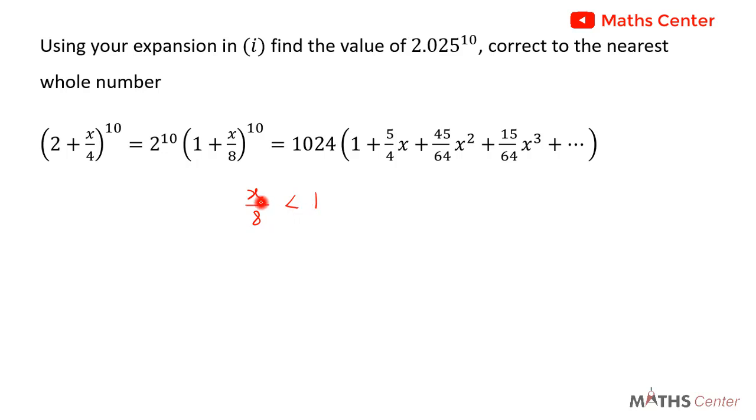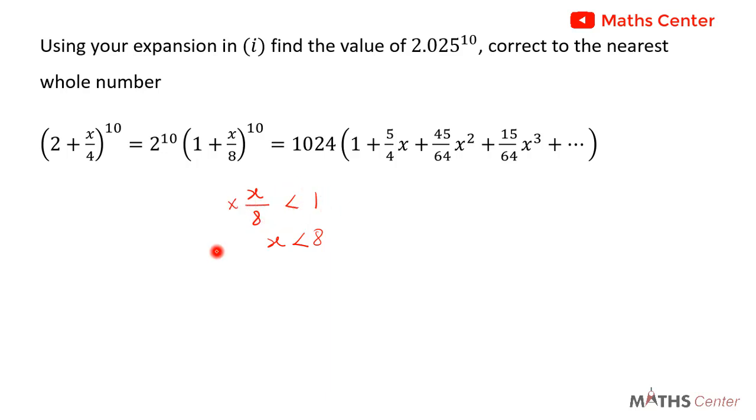So, if we are going to use this expansion to evaluate a number, then this term should be less than 1. If this term is less than 1, then we can say that x is less than 8. The value of x that we substitute should be less than 8 because the term containing x is x divided by 8. The absolute value of x divided by 8 should be less than 1.